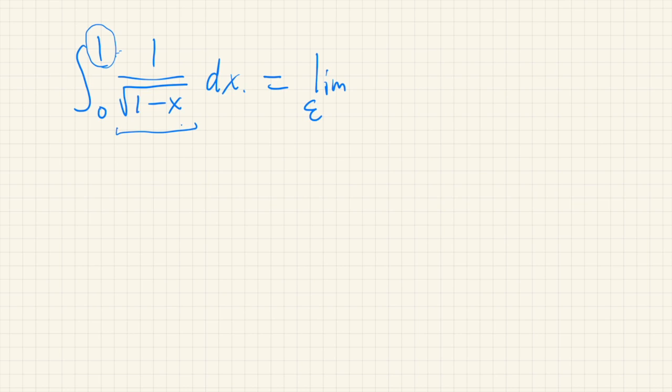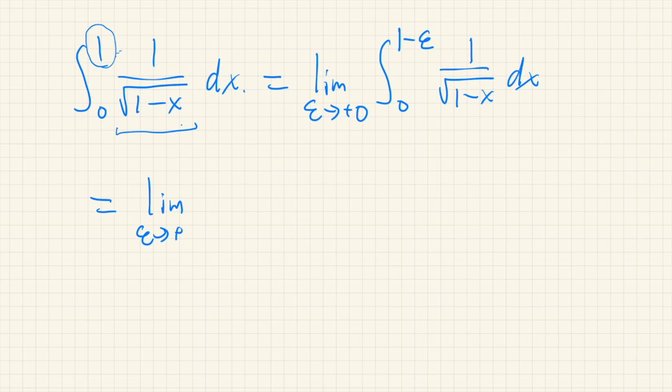Let's say we use epsilon here, epsilon going to 0 from the right, and integrate from 0 to 1 minus epsilon of this function. Okay, and that is equal to, let's see, this has a square root in the denominator, so it should be negative 2, I think, times the square root of 1 minus x, from 0 to 1 minus epsilon.